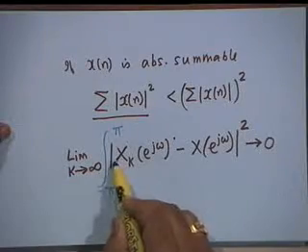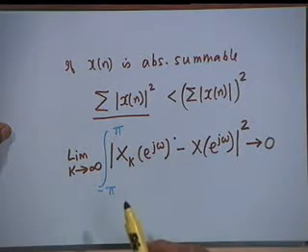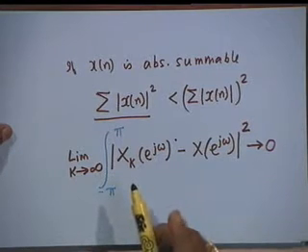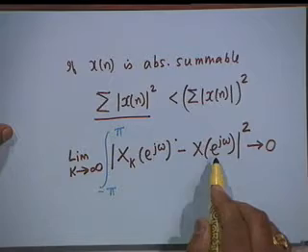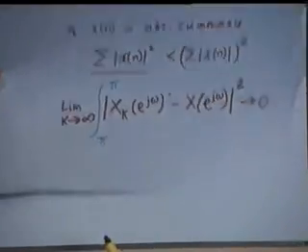If you don't take the square, then the limit may not converge, but squared, the energy error in the frequency domain converges to 0 as k tends to infinity.